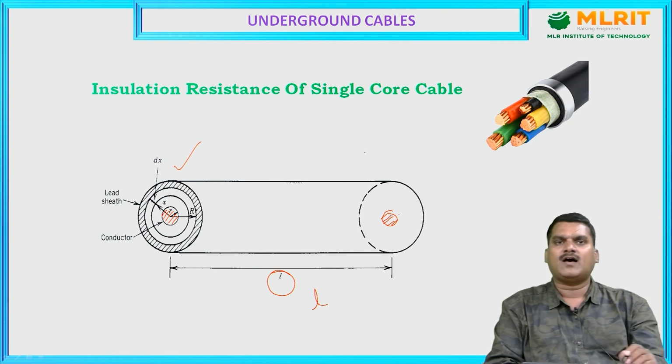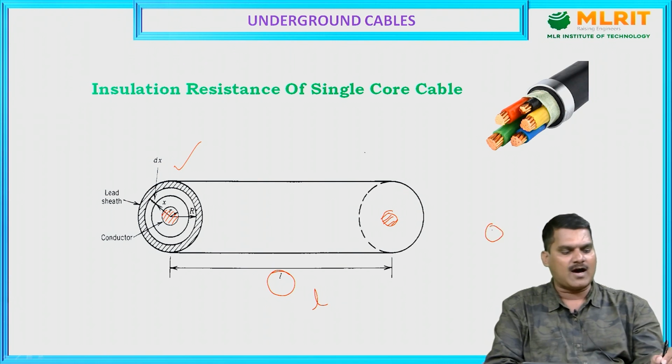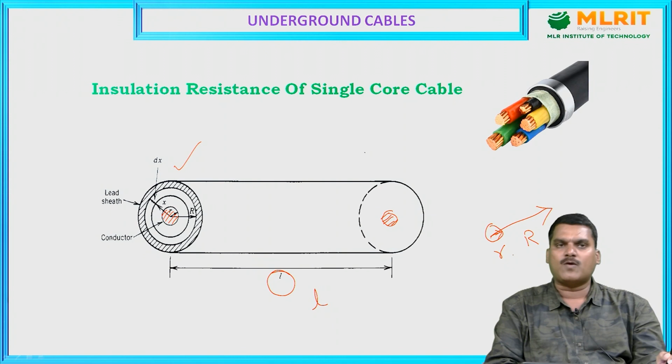The radius of this conductor is taken as small r, and the total radius of the cable is taken as capital R. So, small r represents the radius of the conductor placed within the cable, and R represents the radius of the total cable.